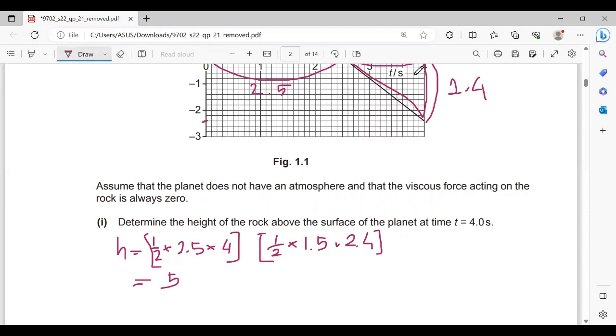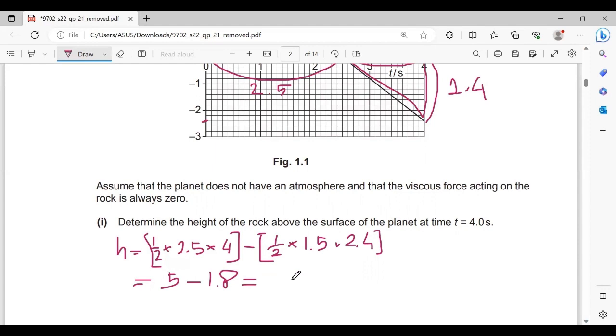because the second triangle is opposite to the first triangle. So it means 5 minus the second calculation, which becomes 1.8.